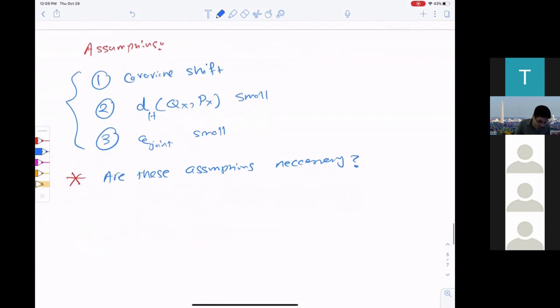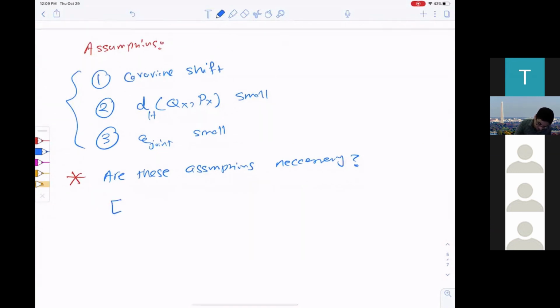This question is studied by another paper by Ben David and co-authors, titled The Impossibility of Domain Adaptation. The gist of the result is that the first assumption, which a lot of domain adaptation methods argue is the most important, is actually not really strong.